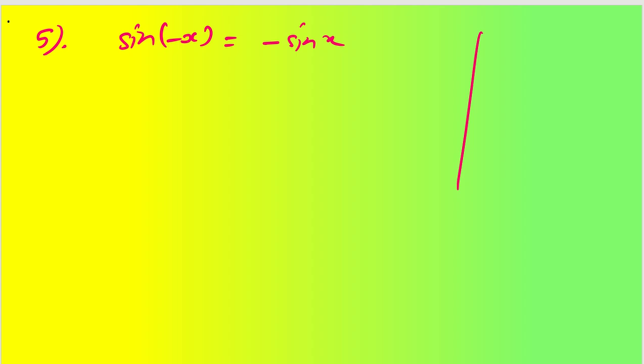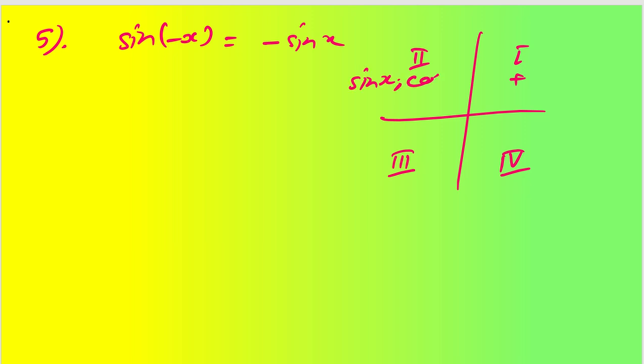One thing you remember always, this is my 4 quadrants: first quadrant, second quadrant, third quadrant and fourth quadrant. In the first quadrant all will be positive: sine, cos, tan, sec, everything is positive. In the second quadrant we have sin x positive and cosec x positive.